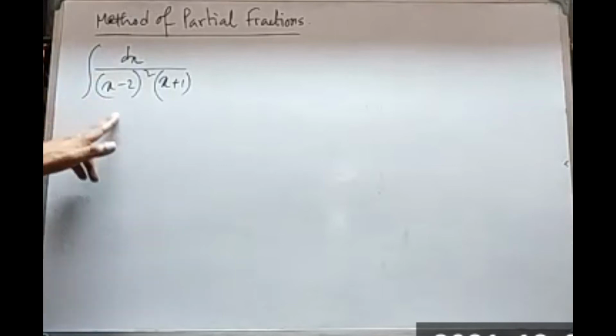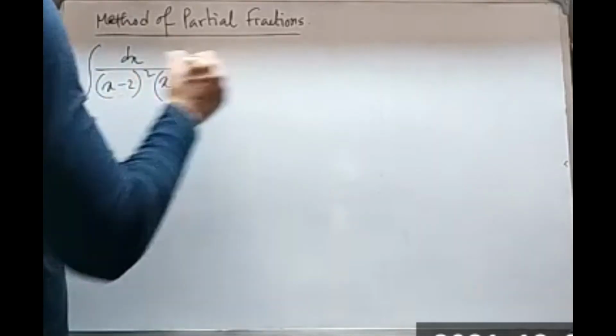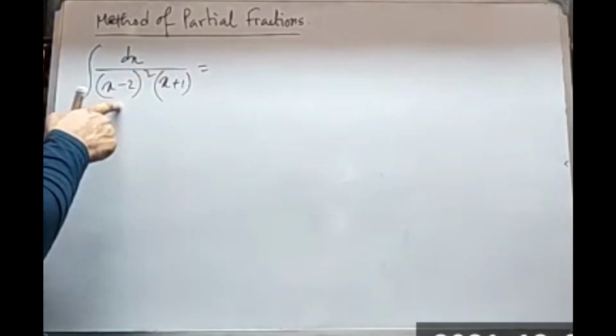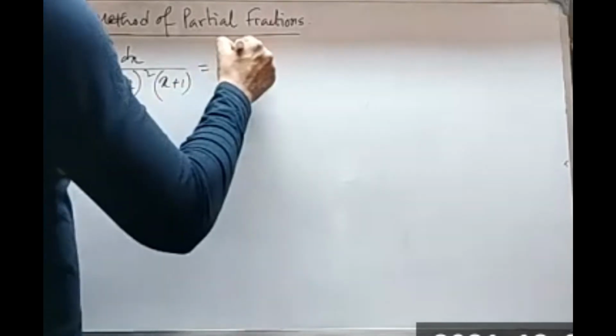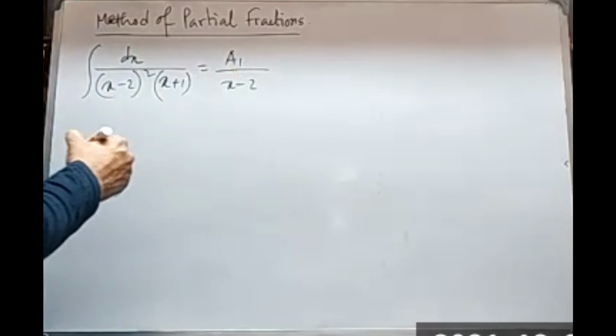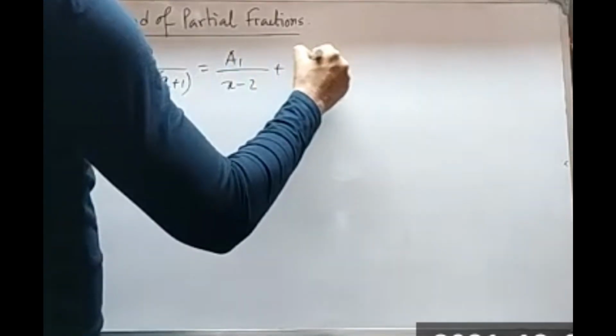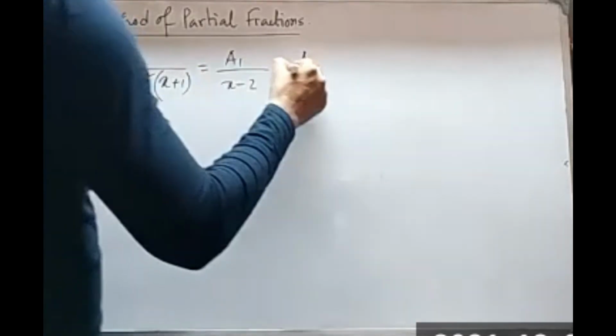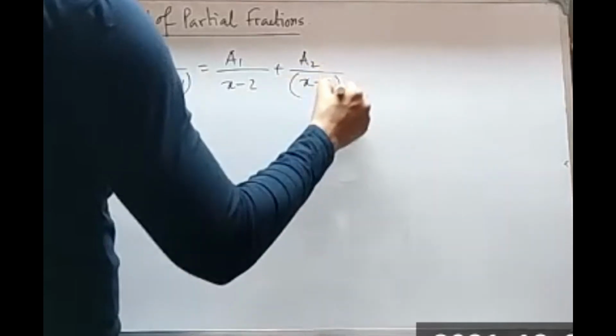So what about repeated factors? Since x minus 2 whole square is a repeated factor, we need to take one term like this, a1 by x minus 2, and a second term due to the square, a2 by x minus 2 whole square.